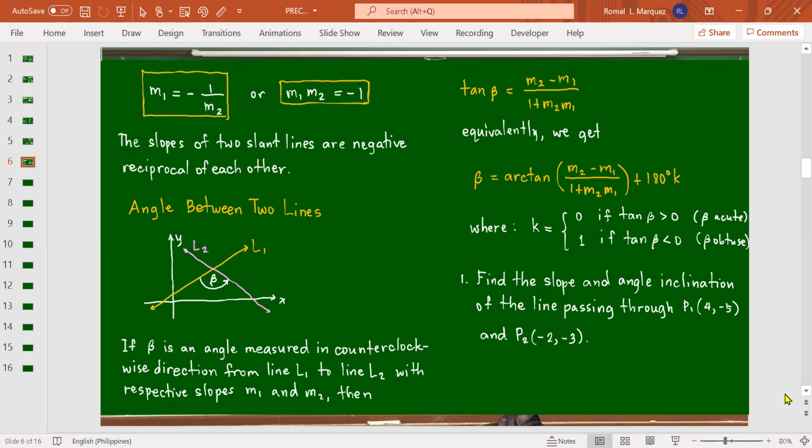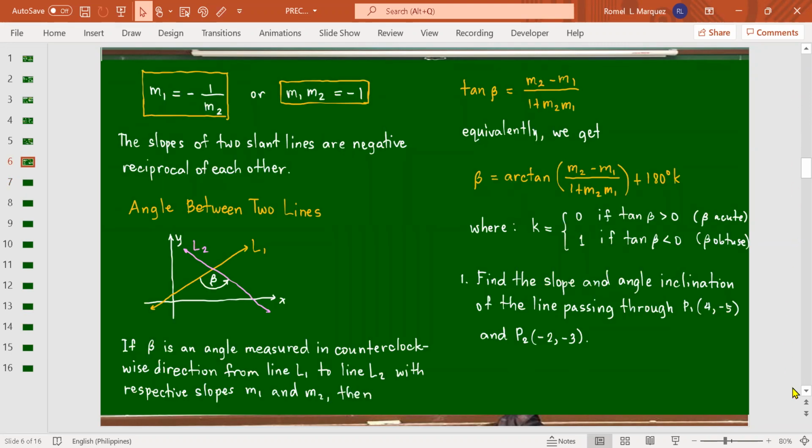Let's have this: 4, negative 5, negative 2, negative 3. Am I correct?